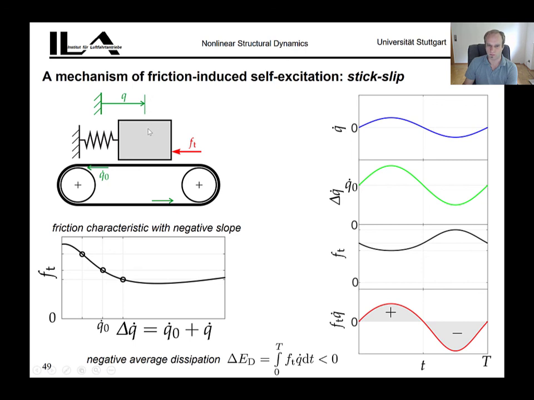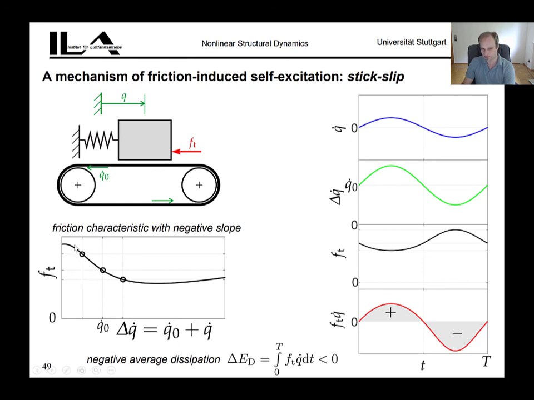Now you can imagine that probably for some ranges we have sticking, for other ranges we have sliding, depending really on the dynamics of this system. And what we also assume, and what is important for the following, is that this tangential friction force depends on the velocity in this way.